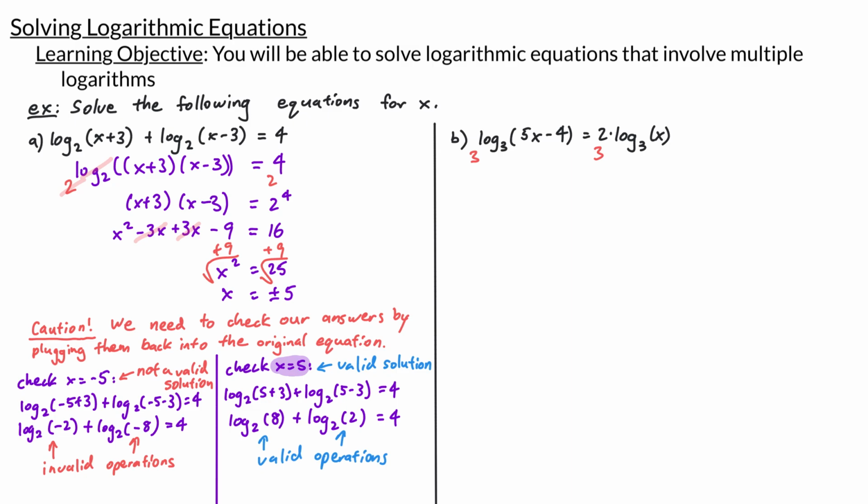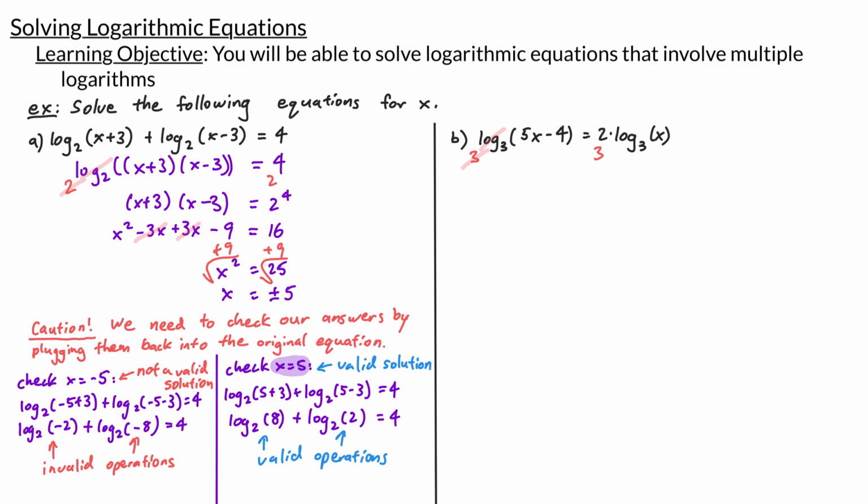If we do this, the logarithm on the left-hand side will cancel out with the exponentiation because those two operations are being performed back to back. However, the logarithm on the right-hand side will not be canceled out by this exponentiation. This is because the logarithm was not the last operation on the right-hand side. So when we exponentiate it with base 3, those two operations are not being performed back to back. There's a multiplication by 2 in between.